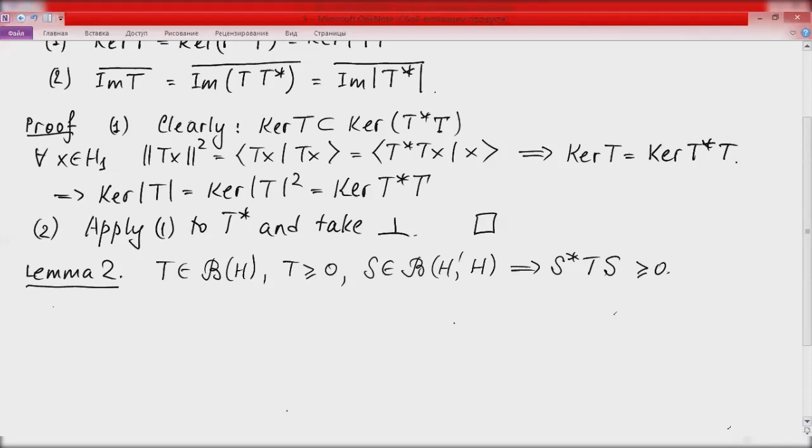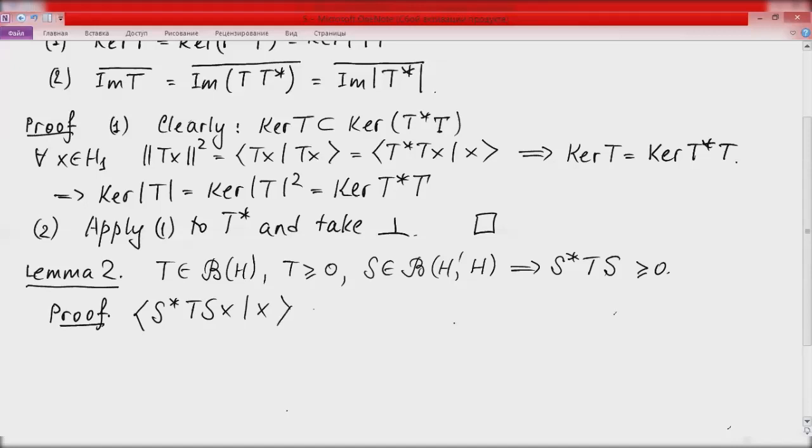The proof is very easy. Let's recall that an operator on a Hilbert space is positive if and only if the associated quadratic form is non-negative. So we simply look at the quadratic form of the operator S star TS. So this is such an inner product.